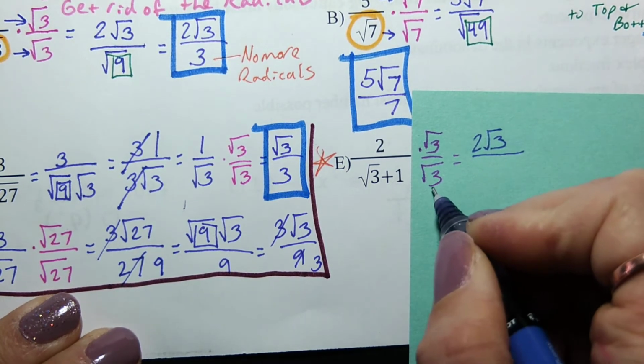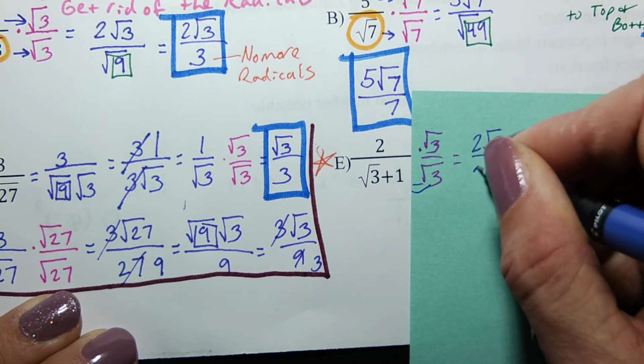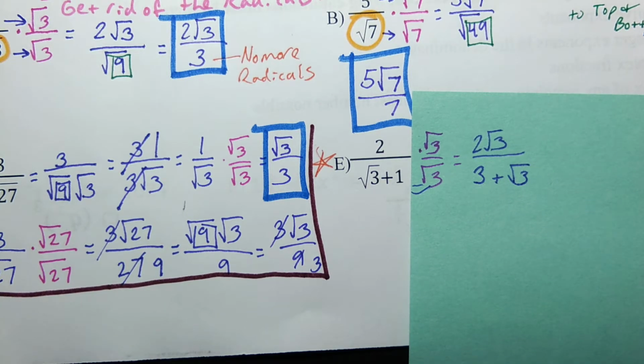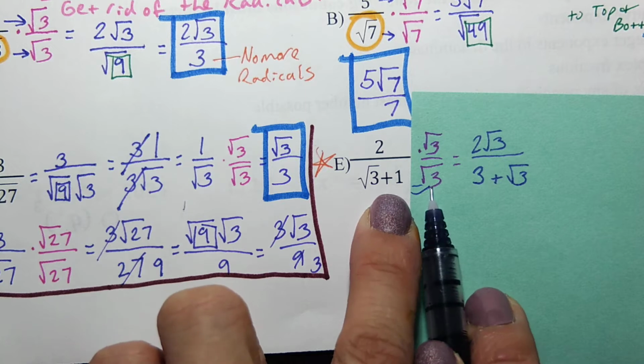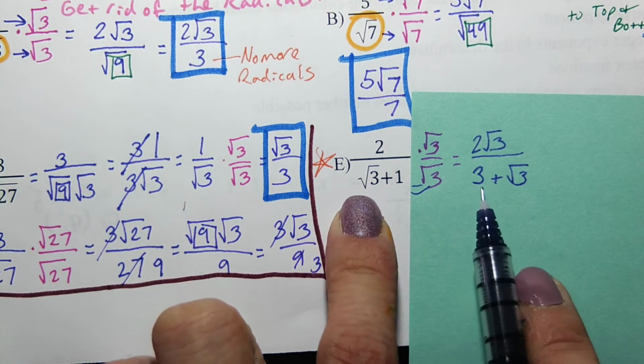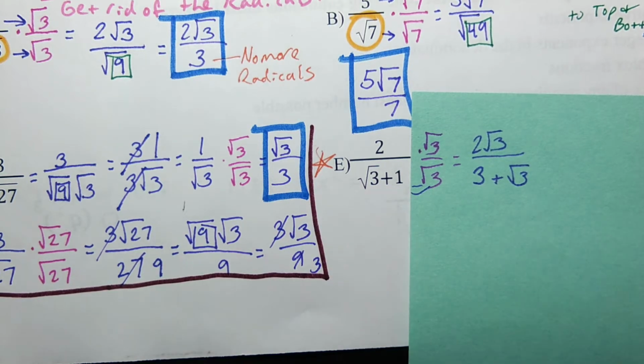But on the bottom, I would need to distribute that to both, which would give me rad 9, or 3, plus rad 3. Does everyone see what I did there? So if I multiply that bottom by rad 3, since that's a binomial, rad 3 times rad 3 gives me not rad 9, but 3. And then rad 3 times 1 gives me rad 3.